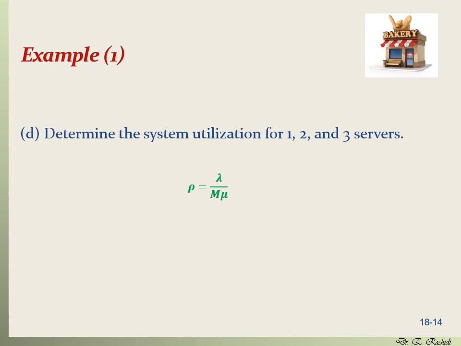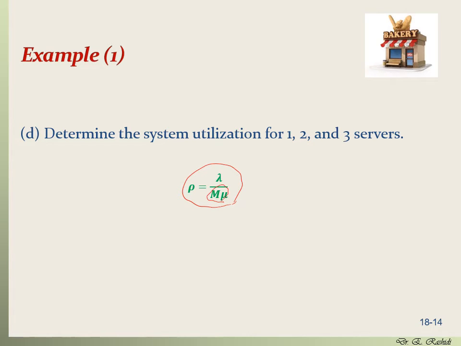Part D of the question asks for determining the system utilization when you have 1, 2, and 3 servers. So the formula is given here for utilization when you have multiple servers. That's rho equal to lambda divided by mu multiplied by m, as you see here.